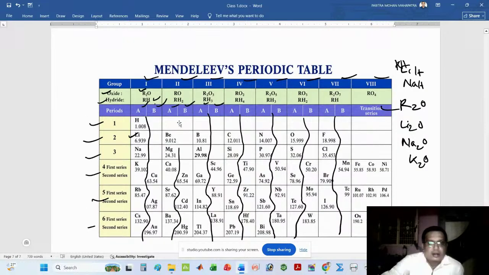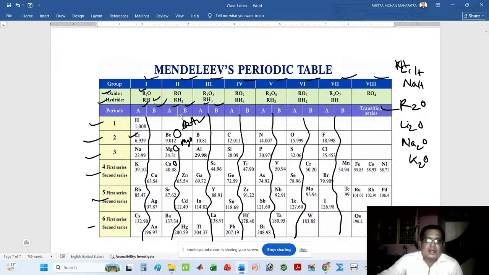Similarly, think about the group II. The oxide is RO. Obviously, you can write BeO, MgO, like this. If you think about the hydride, you can write RH2.